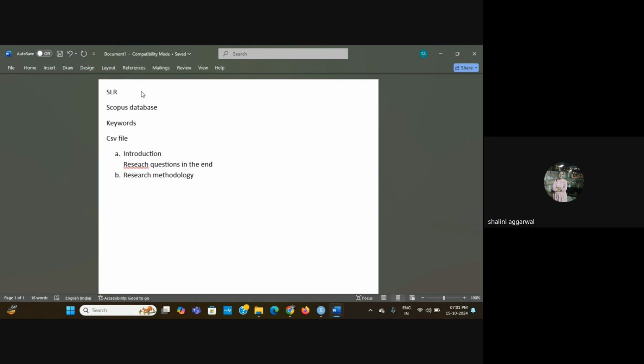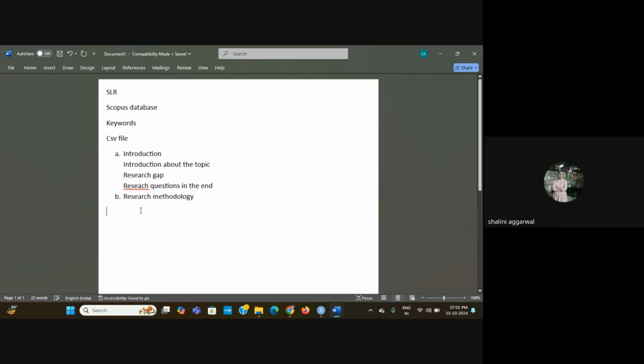The introduction may have a basic introduction about the topic, and before the research questions, the research gap as well: why this study is different from the other studies. This research gap is also important, and then the research questions in the end.